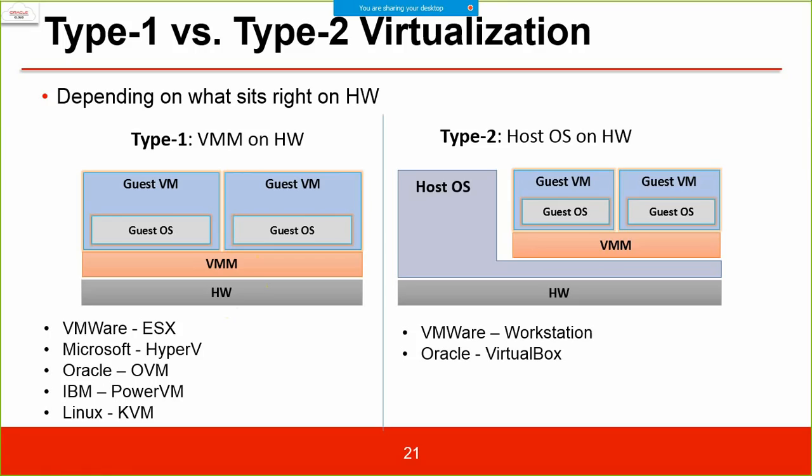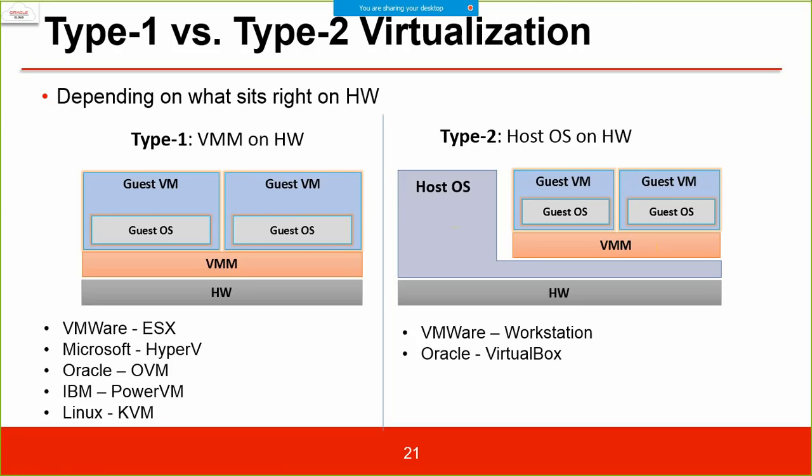Type 2, we have a host operating system on the hardware. So we have hardware, on top of which we have an operating system like Windows, and then we install a virtual machine manager on it. For example, in my case, Oracle VirtualBox. The VirtualBox which I demonstrated was type 2. In the same way, VMware Workstation is type 2.